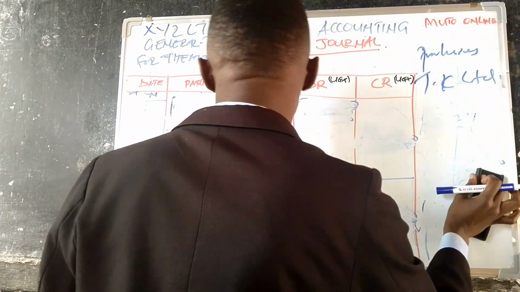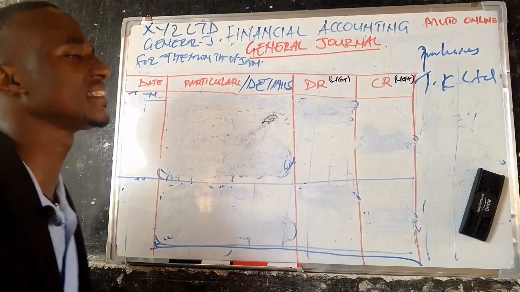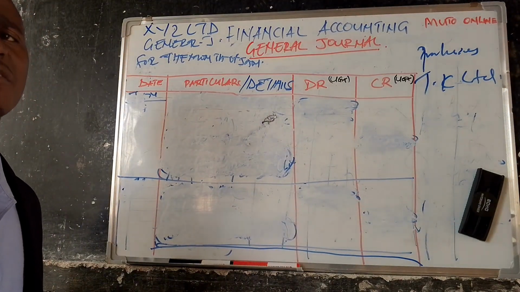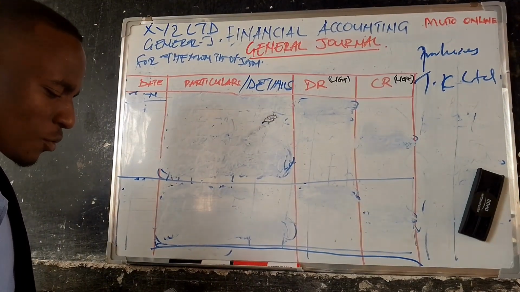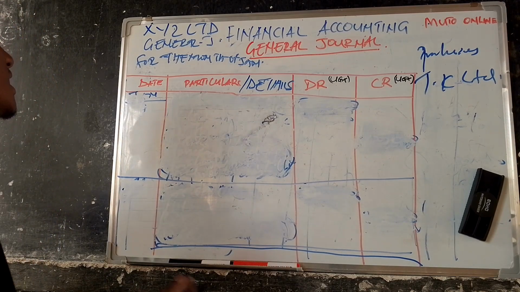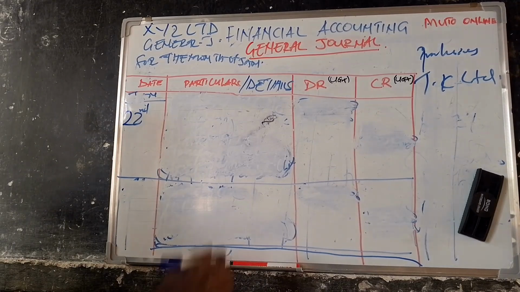So here, ticket limited. Remember, the other goods were worth 500,000.